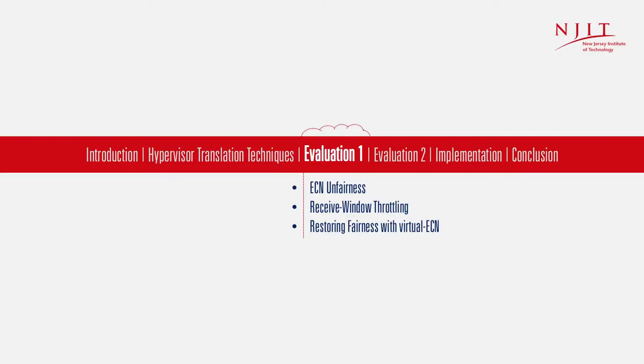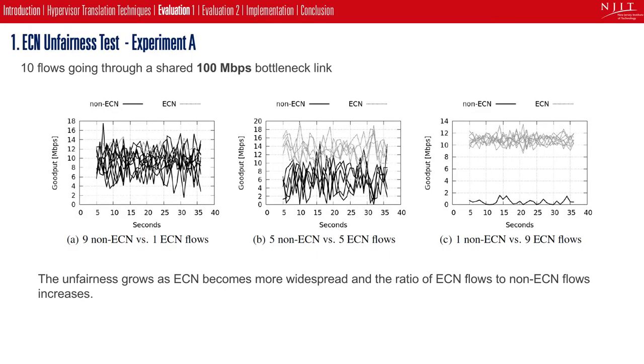Evaluation 1. In this section, we will see some experiments which evaluate the starvation of non-ECN flows without the proposed solution. Experiment A. We use 10 flows going through a shared 100 Mbps bottleneck link, and the figure is the result of the experiment.